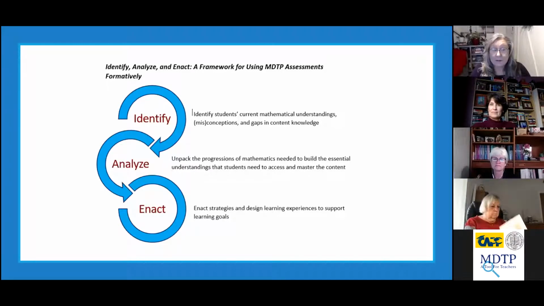They may actually have some great insight and opportunities to advance their learning right out of the gate. We then need to analyze and unpack the progressions of the mathematics needed based on that identification process. We need to know what the learning progressions are, what the math progressions are, what the trajectory of those standards and the content is, so that they can work towards mastery.